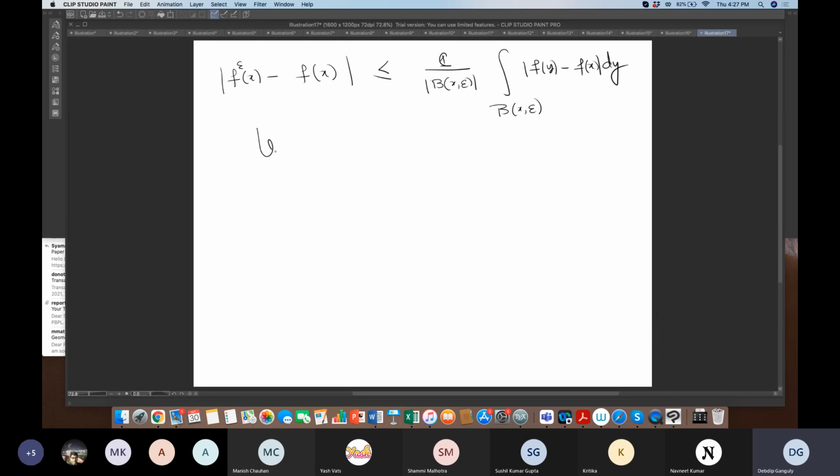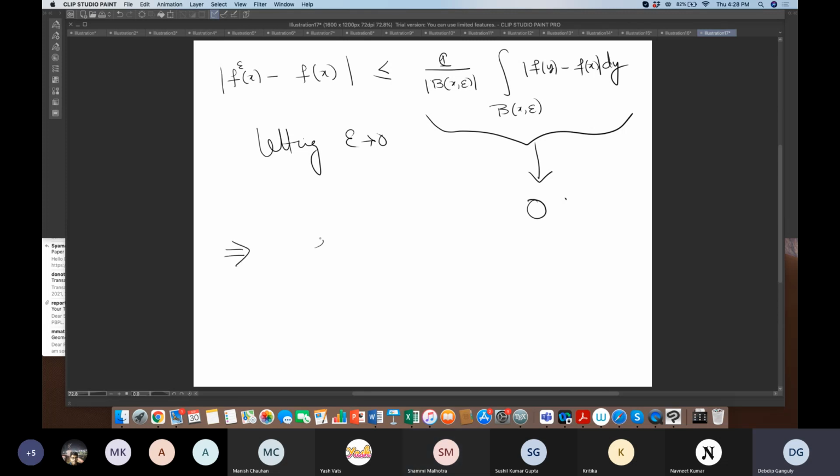Now letting epsilon tend to 0, I have taken x to be a point where the Lebesgue differentiation holds. So this will go to 0.